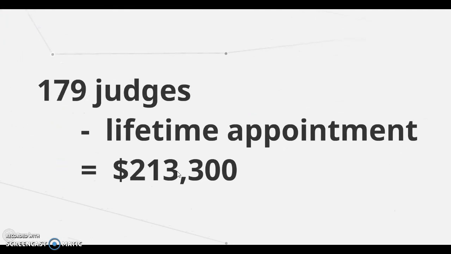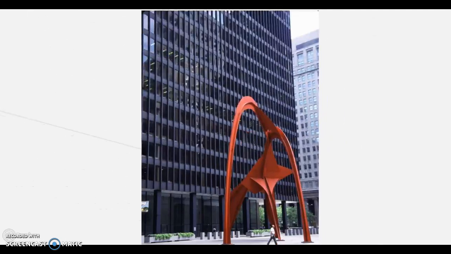In total, there are 179 judges at the federal level, and they have a lifetime appointment. The average salary is $213,300. Excuse me. So yeah, $213,300. That's the average salary for the 179 judges in the 13 circuits. Lifetime appointment as well.